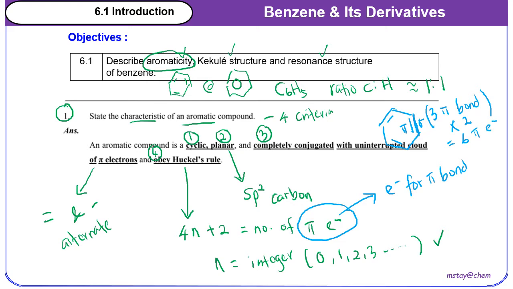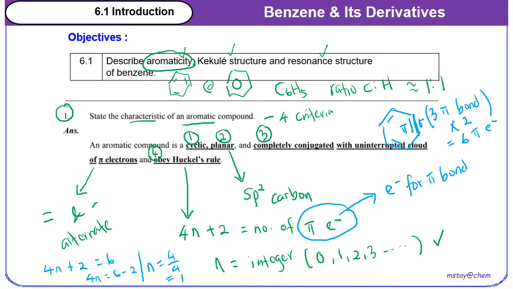Then we use the formula 4n plus 2 equals 6. So 4n equals 6 minus 2, and n equals 4 over 4, which equals 1.